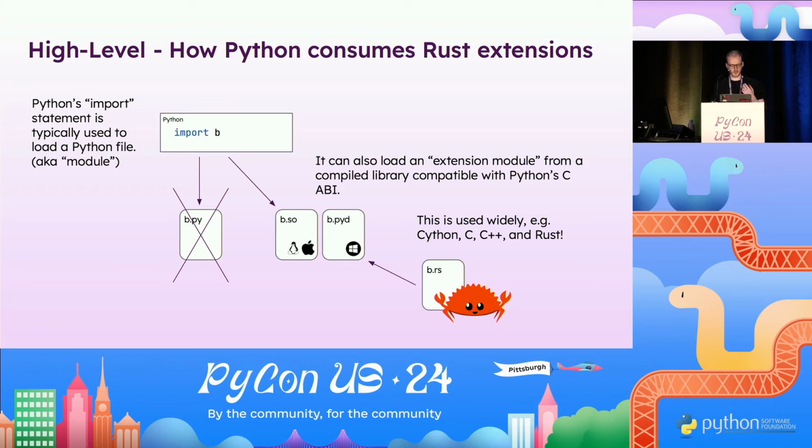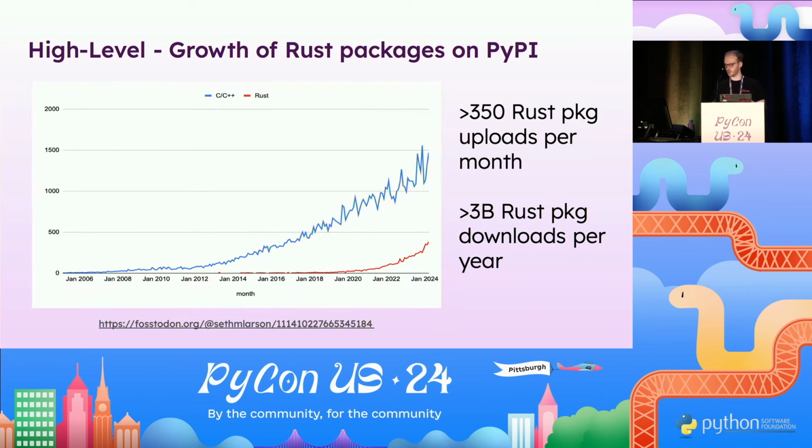Okay, and so when I say Rust is using exactly the same trick, how much so? Well, I have to credit the methodology here to Seth Larson, who maybe about 6 months ago did this analysis of understanding different languages uploaded to PyPI and what the growth of these languages is.